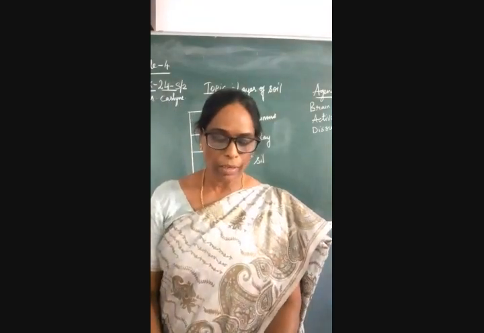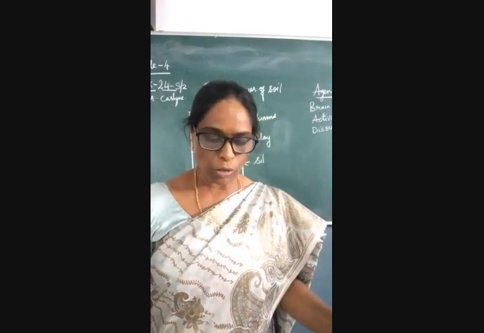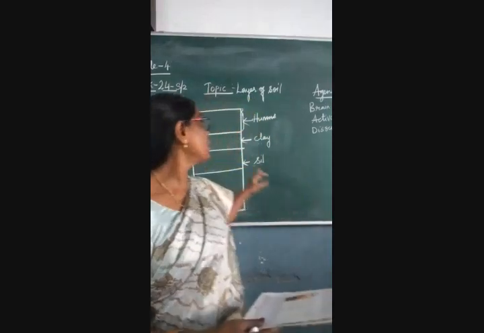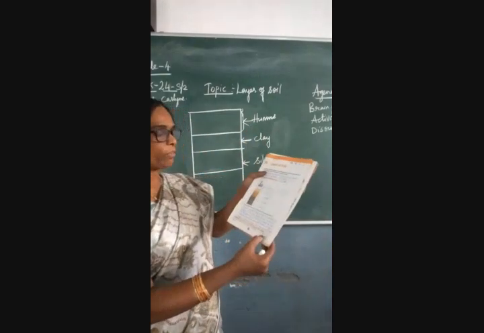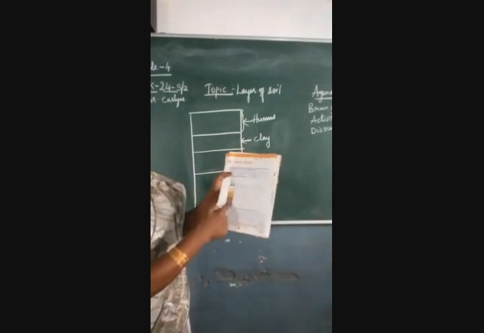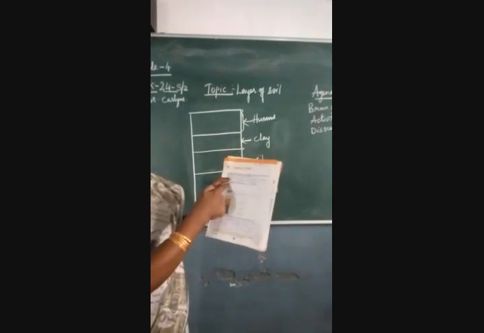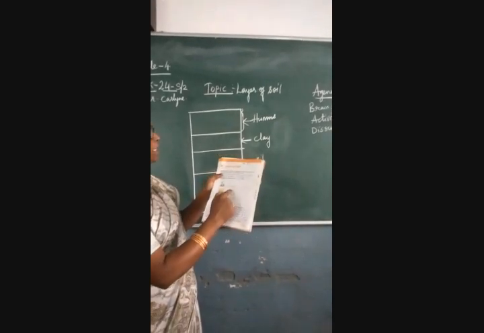Now we are going to observe the different types of soils. The first one is humus. Open your workbooks, children. In workbook page number 41, we have the diagram. Just see this diagram and color this tree in green color and write down the first one is humus.